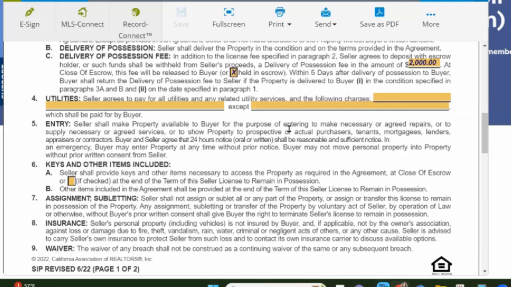Now, like pool service, it does say that the seller would still maintain the pool and all of that. But if you have somebody coming and cleaning the pool or the yard, is the seller still paying for that? They probably should be. They're still living there, but at that point, they no longer own it. So, okay, thank you. Any other questions?